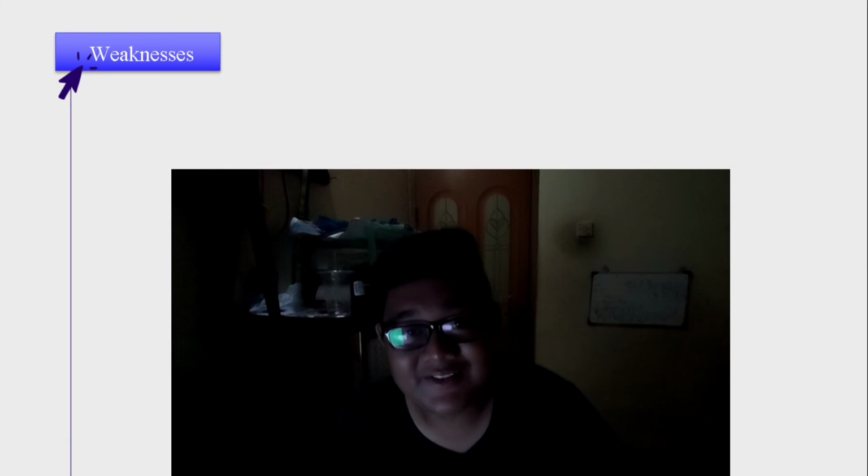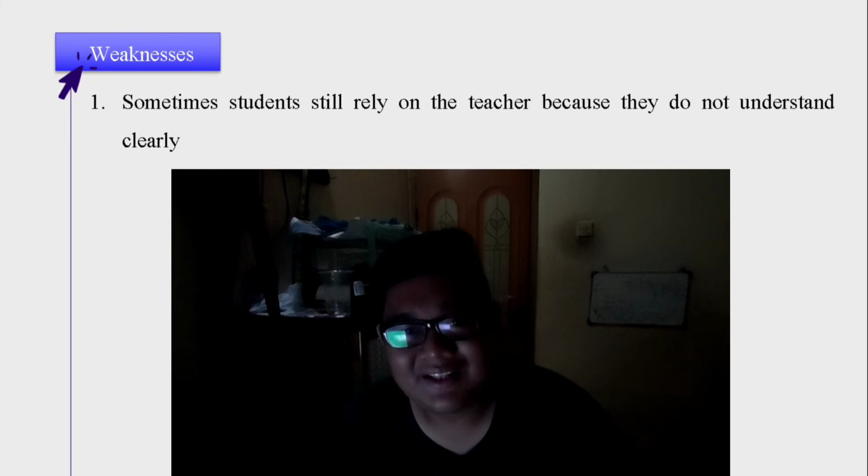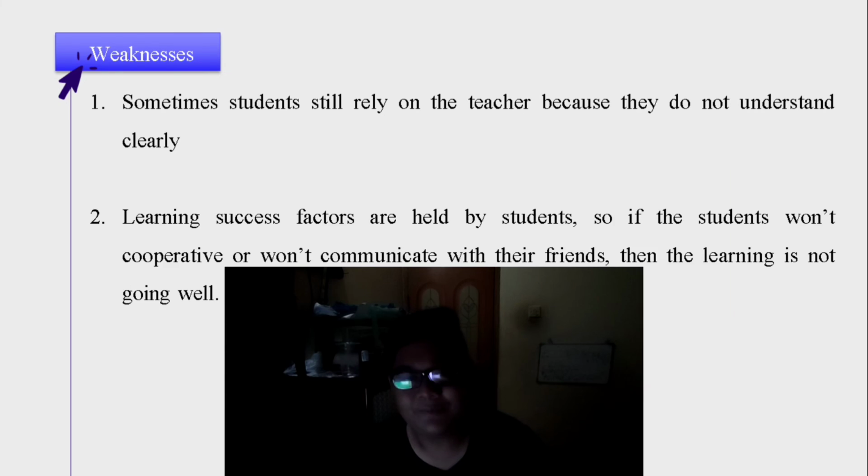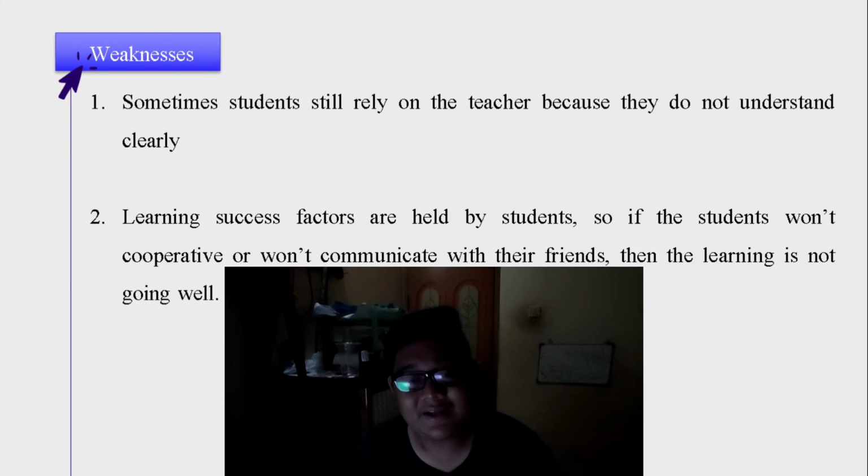Next are the weaknesses of CLL. First, sometimes the students still rely on the teacher because they do not understand yet. Second, learning success factors are helped by the students. So if the students won't cooperate or communicate with their friends, then the learning process is not going well.